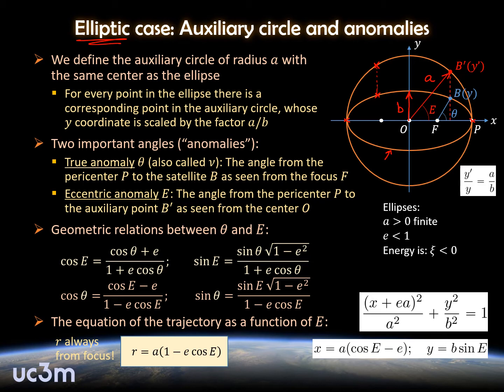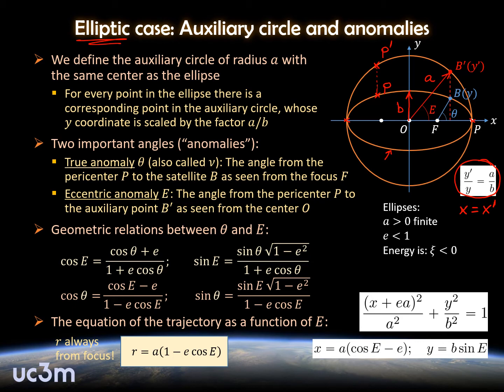Imagine that we call this point P and this point P prime. Now the x coordinate of P is the same as the x prime coordinate of P prime, and the y coordinate satisfies this relation. The ratio of y prime divided by y is equal to the ratio between a and b, which are the values involved in the definition of the ellipse and the auxiliary circle.